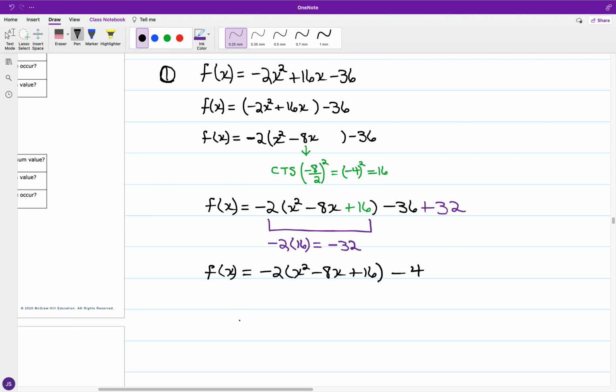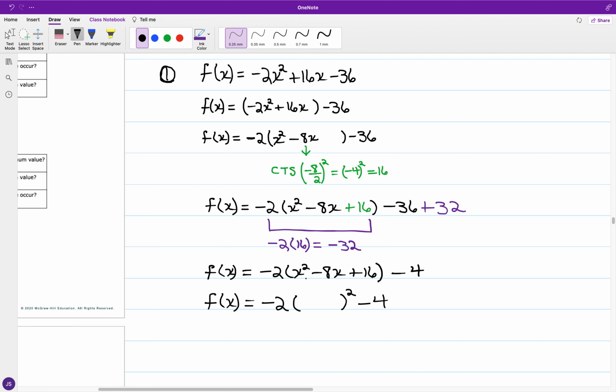And we are very close to the vertex form of this function. We have negative 2 times the square trinomial x squared minus 8x plus 16.